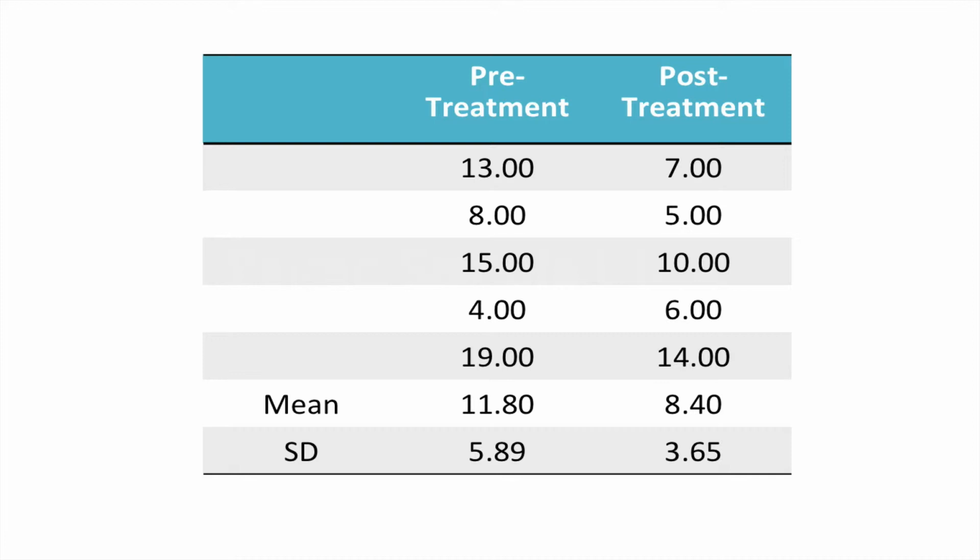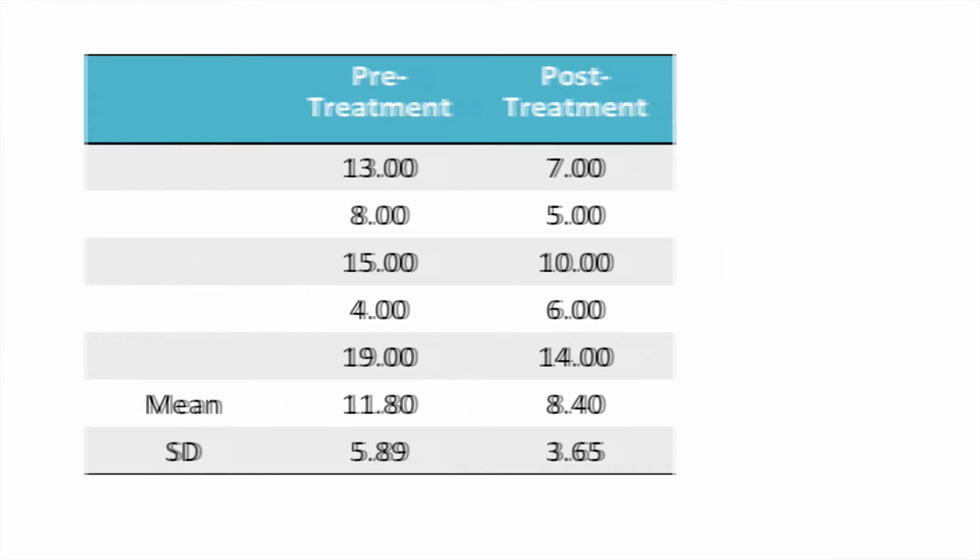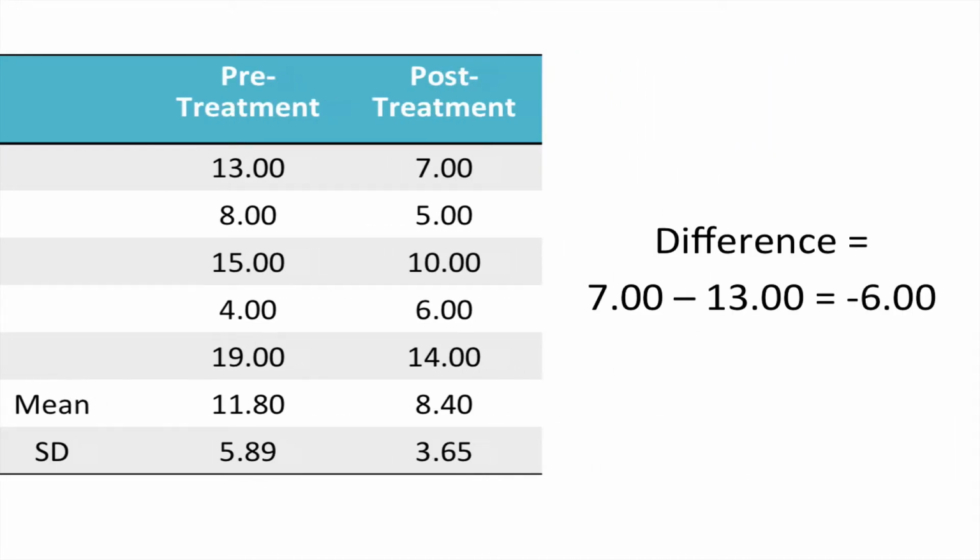So the first person pre-treatment had a score of 13.7, and post-treatment they had a score of 7. So we're going to calculate that.